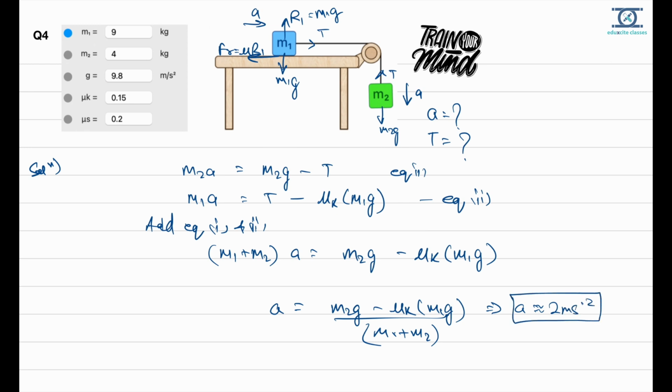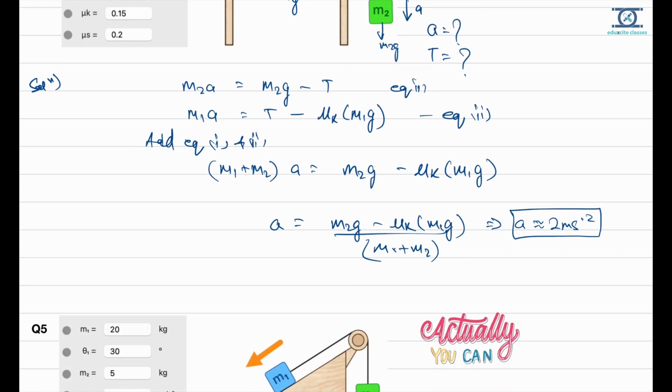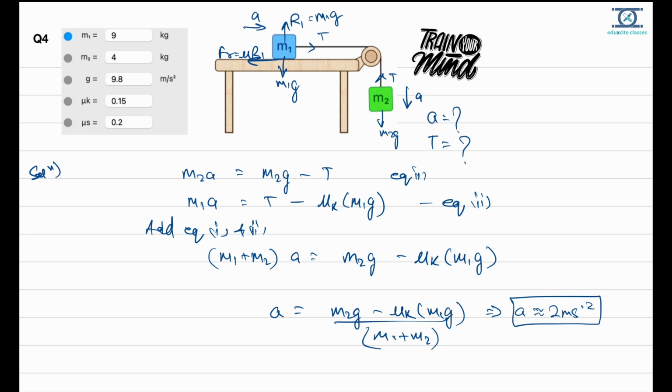Now you can use this acceleration to find the tension. Use A in equation 1; you just have to put the acceleration value here and you will find the tension. So the tension will be M2G minus M2A.